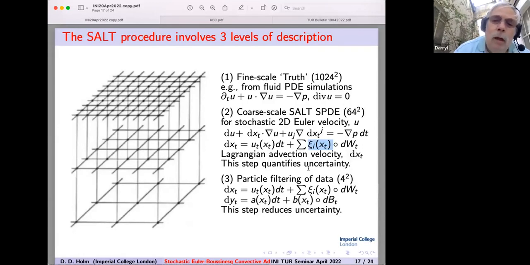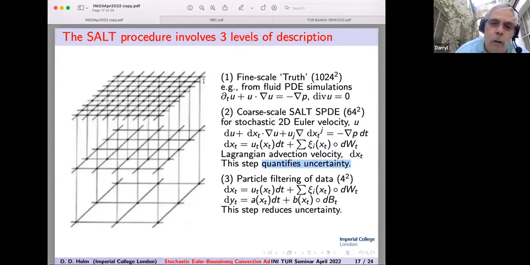And you can choose to stop. Okay, you can stop at some level, and when you stop, you'll be able to quantify the uncertainty of having calculated at the coarse scale something that you knew at the fine scale.